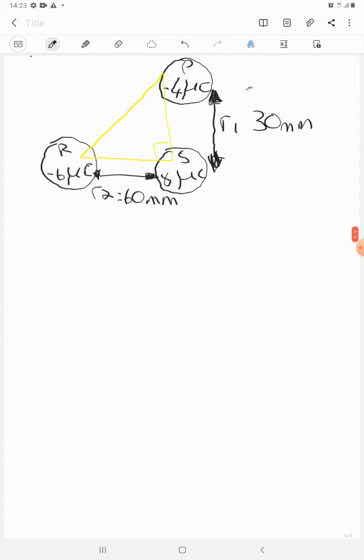My force for P on S is equal to K, QS times QP, all over R squared.